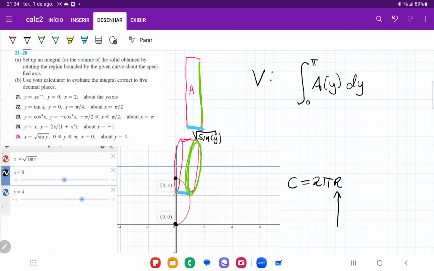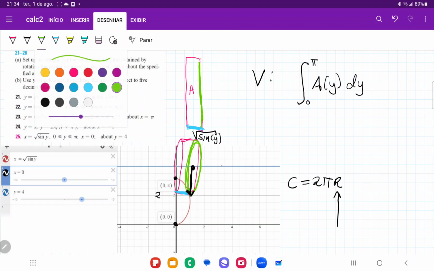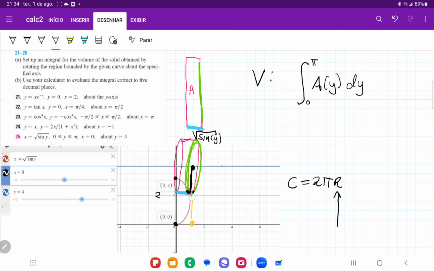Let's think about what this radius is. This radius is going to begin at the line y is equal to 4, and go down here to the value of my y. For example, over here at y is equal to 2, that would be my length. However, we don't measure the y from up here. We measure it from downwards. So the actual length of my y is measured from all the way down here up to where it meets that black arrow. The length of the black arrow is the whole length of 4 minus the length of y, wherever I'm at on my y-axis.